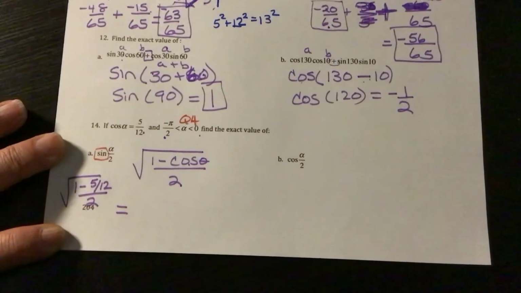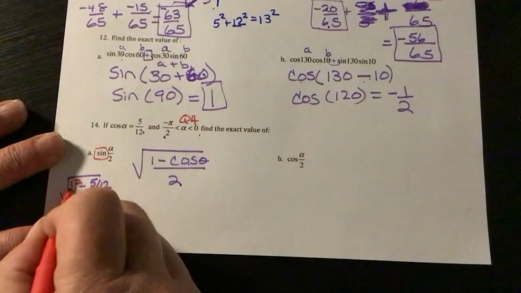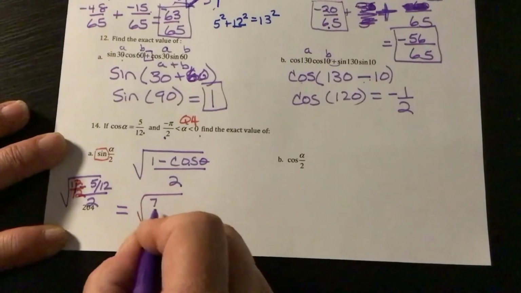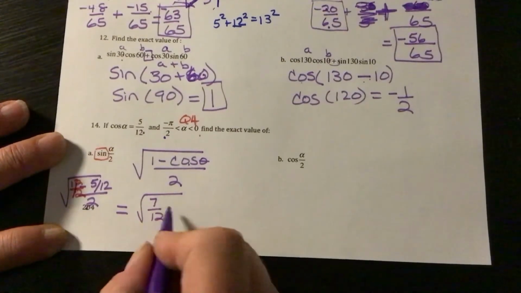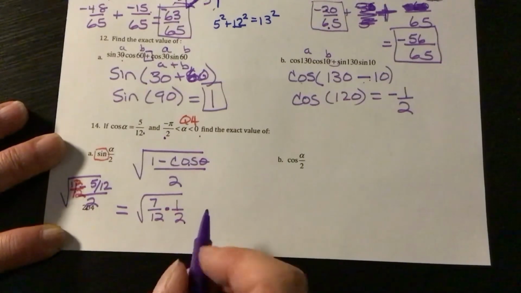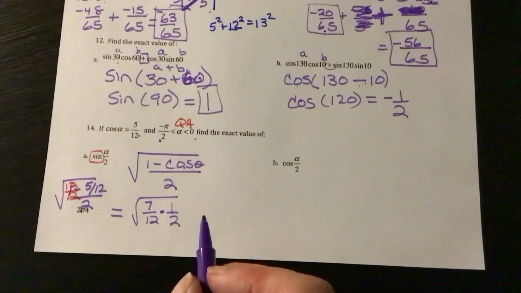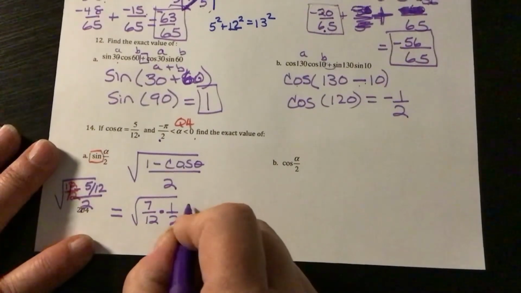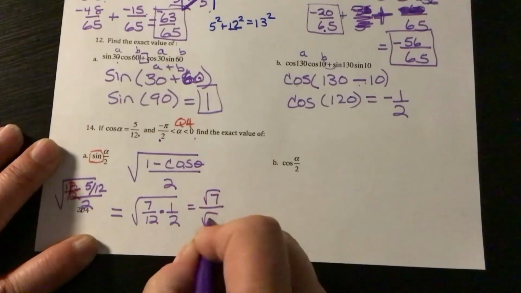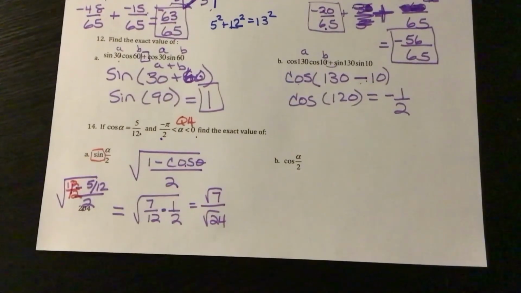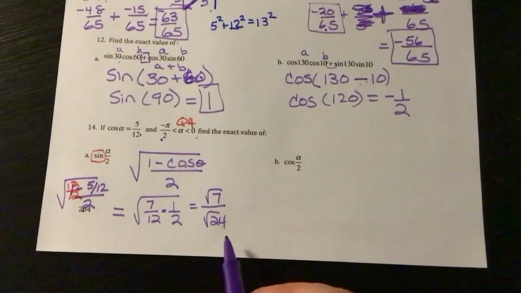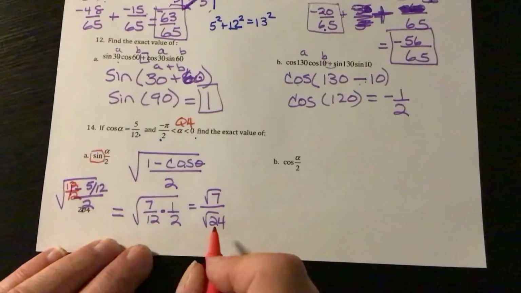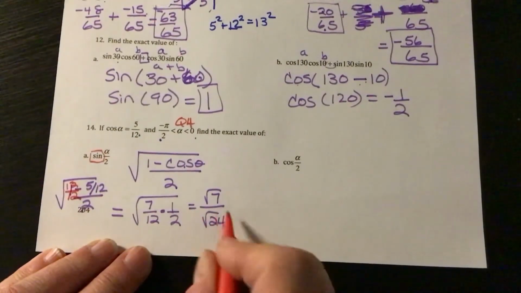1 minus 5/12, so this is 12/12 minus 5/12 is 7/12. And I'm going to divide by 2 or multiply by 1/2. So this gives me 7/24 inside the square root sign. And if I simplify the square root of 24, this is actually going to be 6 times 4 is 24.